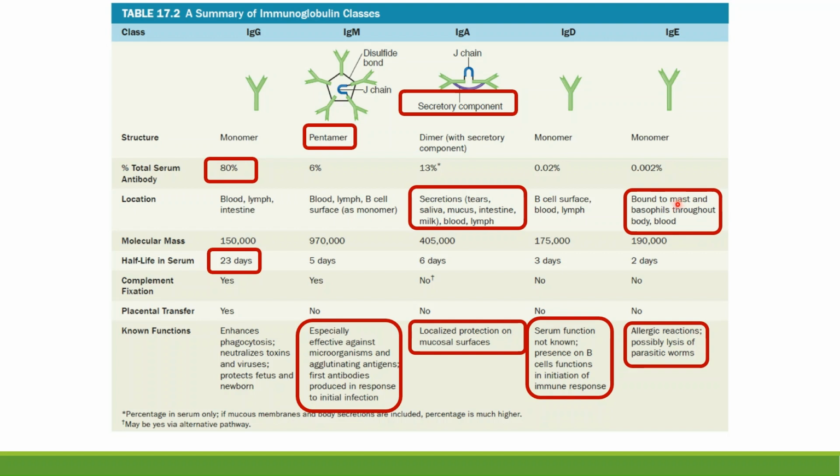So as you can imagine, I discussed mast cells and basophils having the ability to release histamine. So these are often involved in allergic reactions, which is not good. But they have a very important role in protecting against parasitic worms, so different parasites of the body.